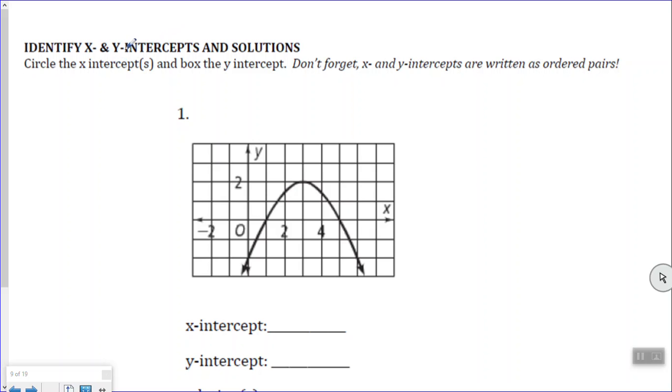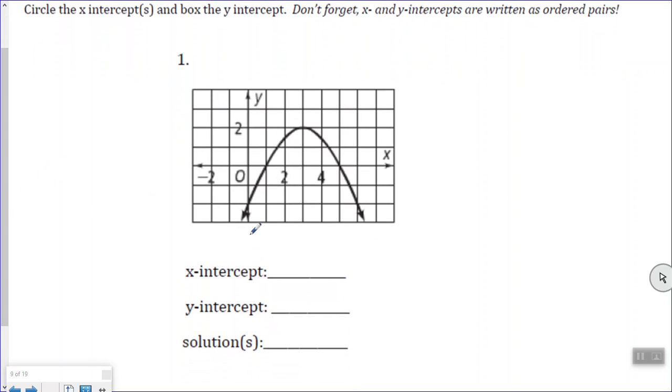Okay, let's identify x and y intercepts and solutions. Circle the x-intercepts and box the y-intercepts. And don't forget, x and y-intercepts are written as ordered pairs. The x-intercepts are these two points right on the x-axis, which are 1 and 5.